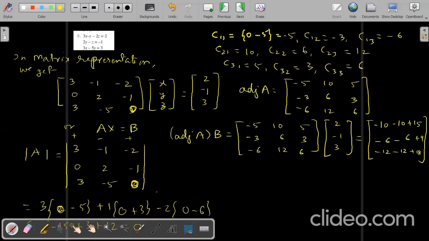And as you know, this is 3 rows and 3 columns. This is 3 rows and 1 column. So answer will be 3 by 1, 3 rows and 1 column.